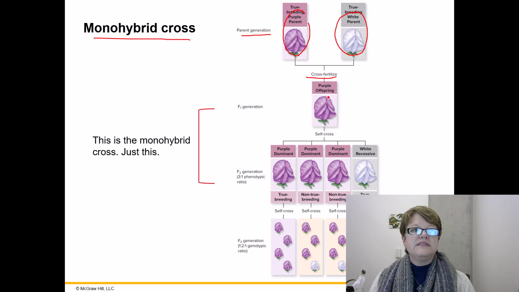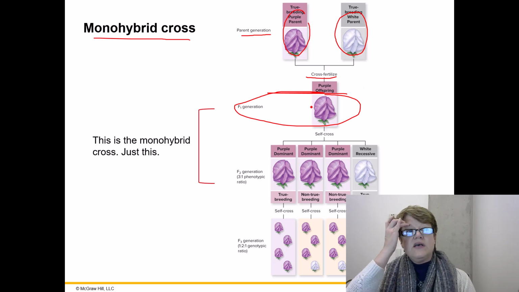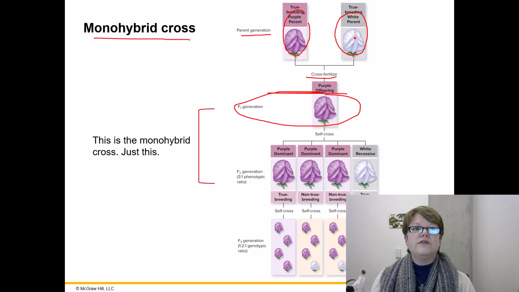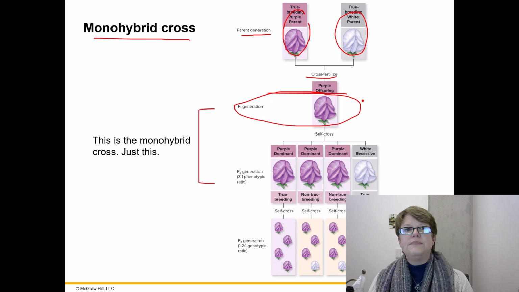And when he planted the seeds, all the offspring are the F1 plants. When he did this, all the offspring came up purple. Even though he knew that one of the parents was white in that cross, all the offspring came up purple. And not light purple, not pink, but dark purple, the same as the purple parent.